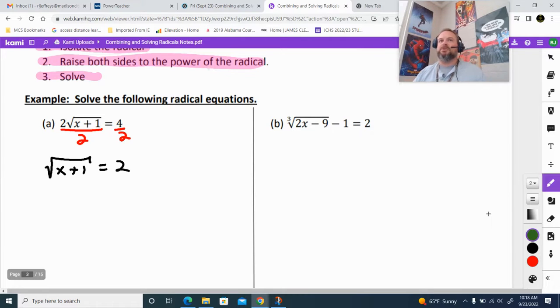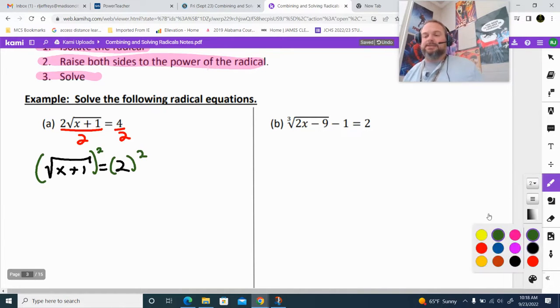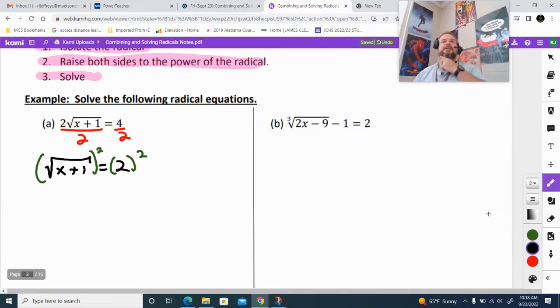We'd raise it to the second power. So I actually do that to both sides. Now, when we have a root raised to the same power right here, remember, like I said yesterday, it's like a tornado. It comes through and just takes the roof off.